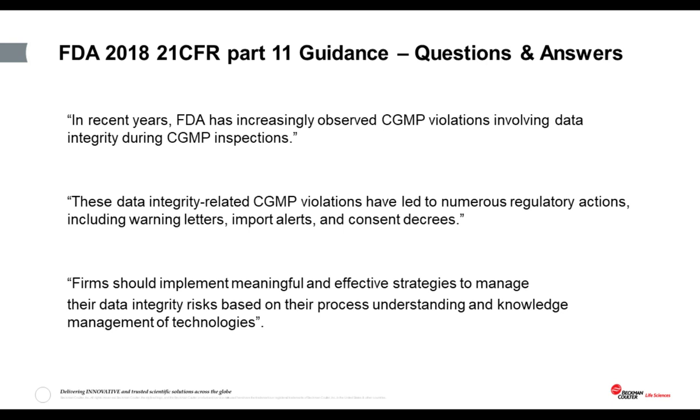And they said that these violations have led to numerous regulatory actions, including warning letters, import alerts, and consent decrees. And they go on to say that firms should implement meaningful and effective strategies to manage their data integrity risks. And what they're suggesting is that you should make processes more robust.